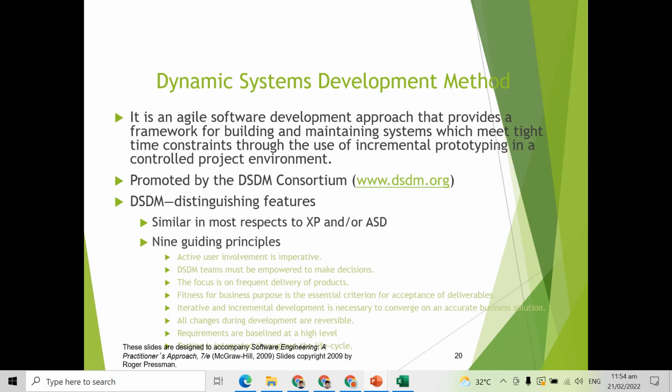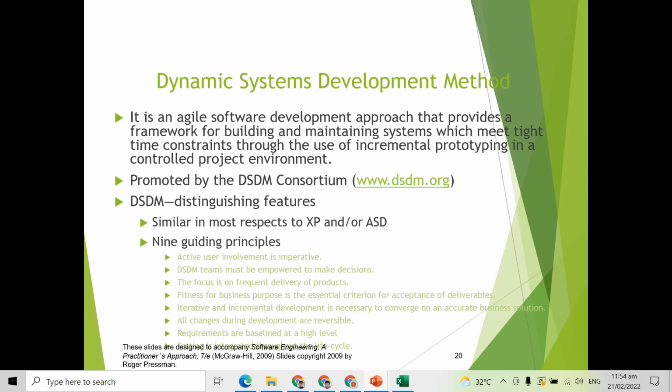It is promoted by the DSDM Consortium, dsdm.org, and its distinguishing features are similar in most respects to XP or ASD. There are 9 guiding principles, and what are those? Active user involvement is imperative.